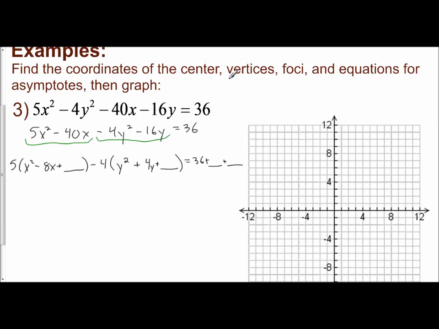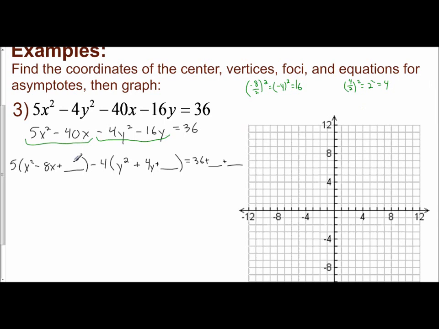So now we complete the square for it. Well, for the x, you're going to take half of negative 8 and square it. So that's negative 4 squared, which is 16. For the y variable, you're going to take half of 4 and square it. So that's 2 squared, which is 4.